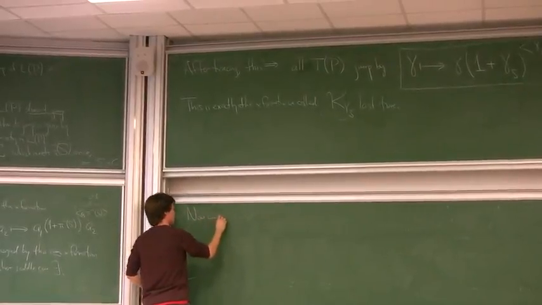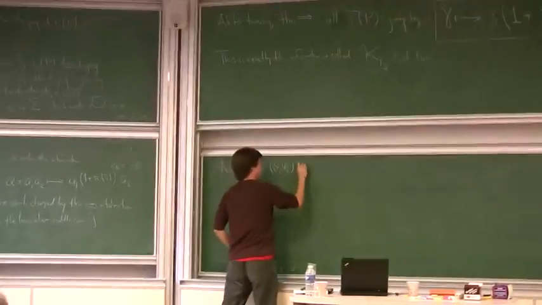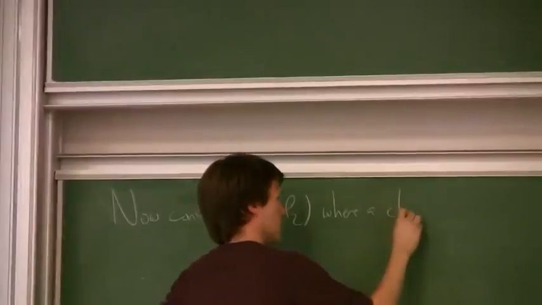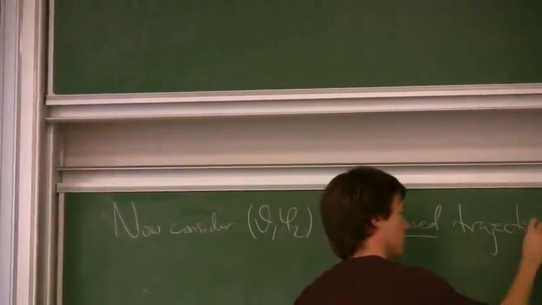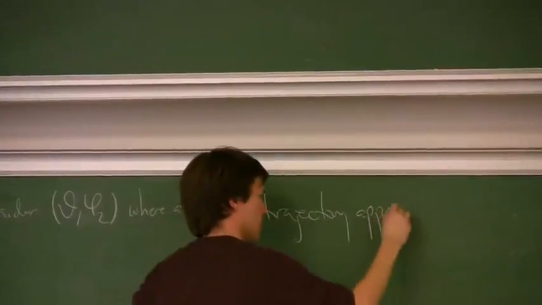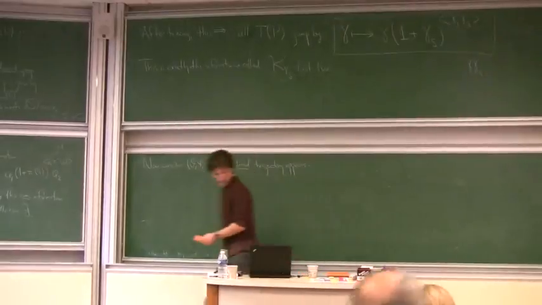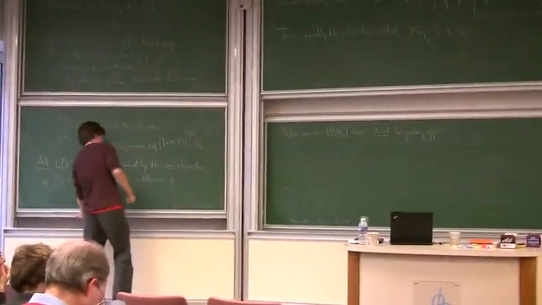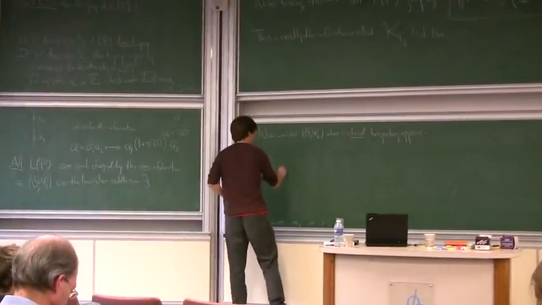So now consider some theta where a closed trajectory appears. Let me remind you what the picture looked like in that case.